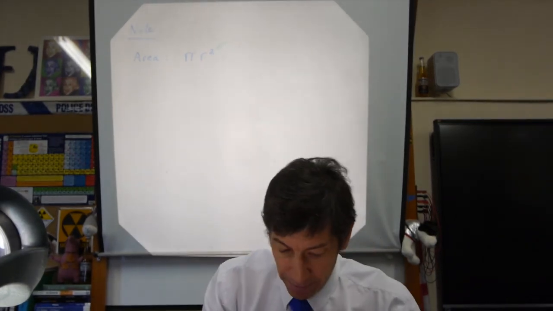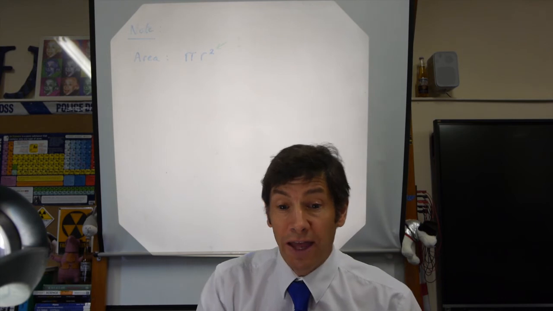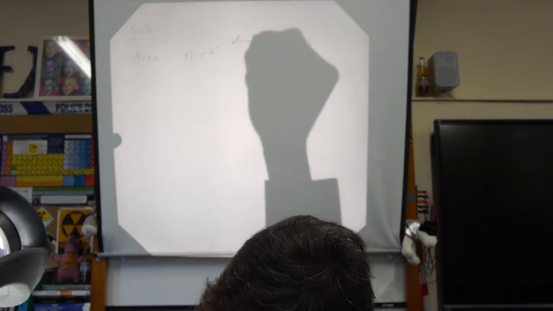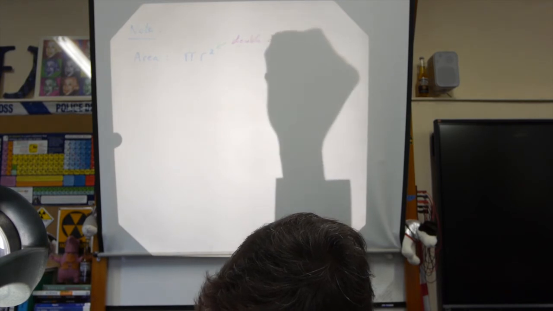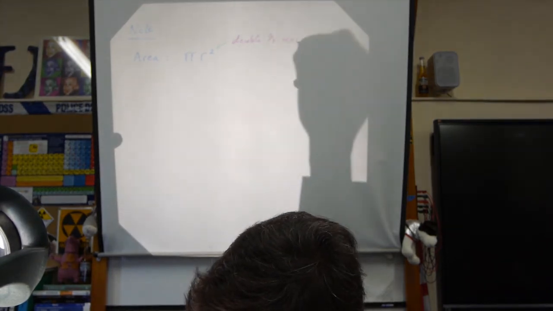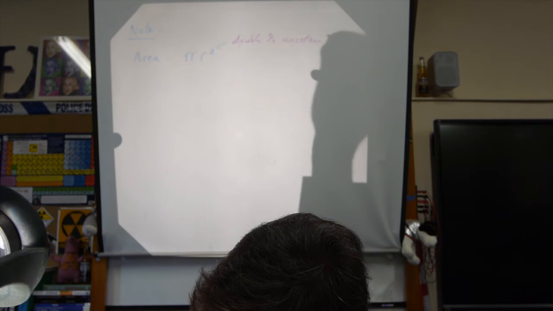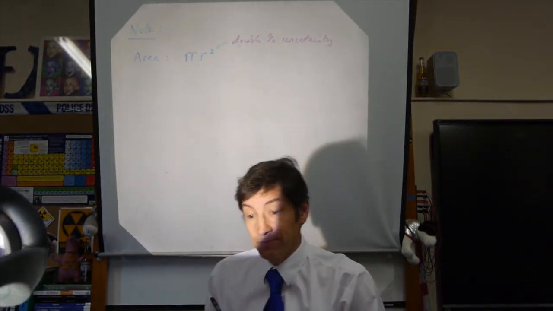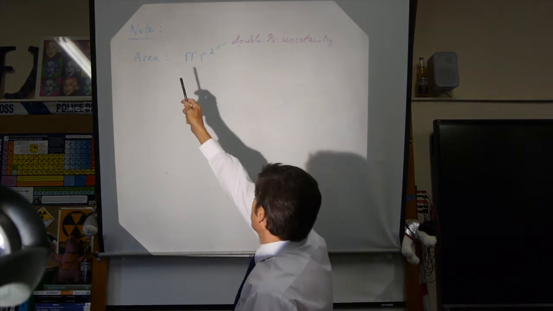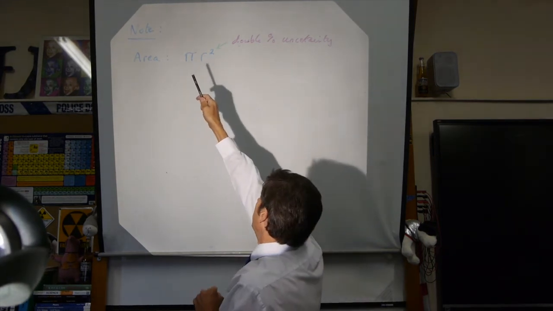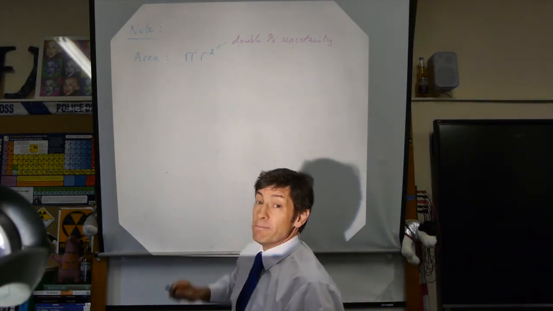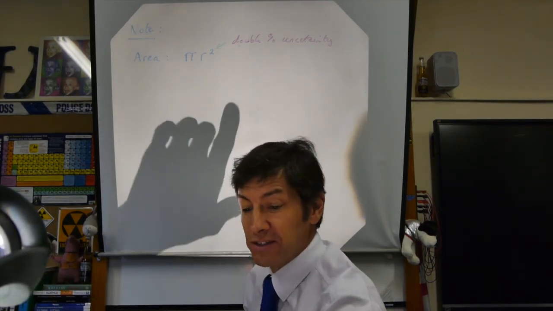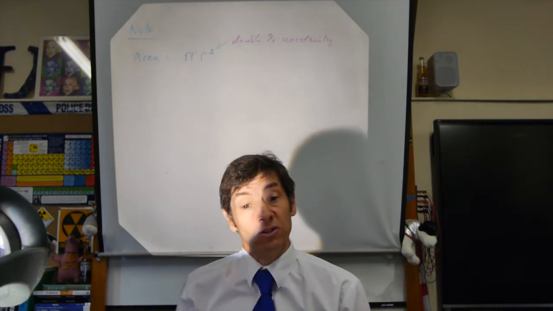Looking at that power, you know that if you've got an uncertainty, you need to double the percentage uncertainty when you quote an area. Now we don't bother quoting an uncertainty in pi, but the uncertainty will be from the measurement of the radius that you did, so make sure you double it when you quote your area.